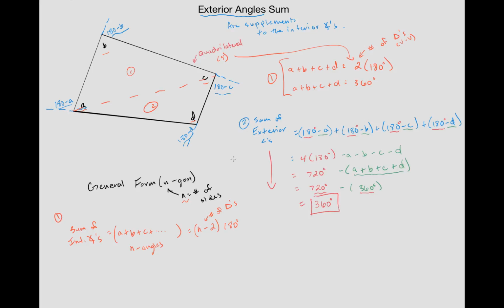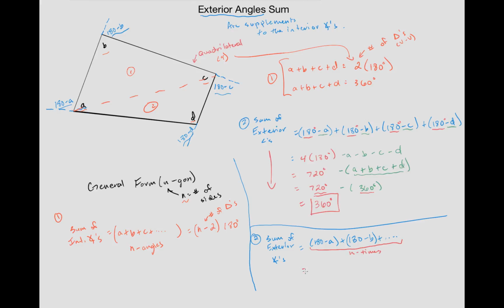And then step number 2 was figuring out the sum of those exterior angles. So finding the sum of the exterior angles, I'm going to do the exact same trick here, except I'm going to use that kind of ellipses there to show off the dot notation. So then I know that we're going to do this n times, because if there's n sides, there's going to be n angles as well.